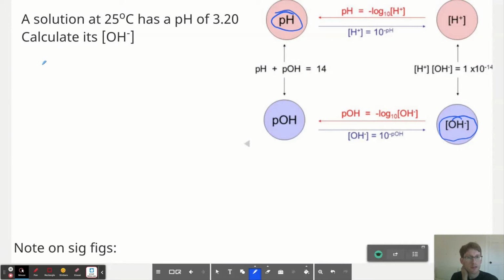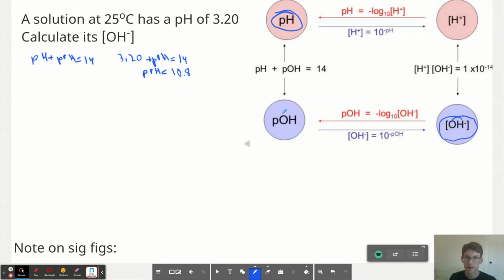So if we know that pH plus pOH is 14, then we know that 3.20 plus pOH is equal to 14. And then therefore the pOH is going to be 10.8.